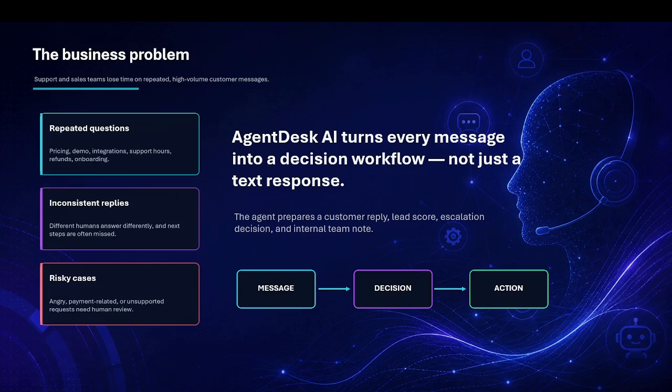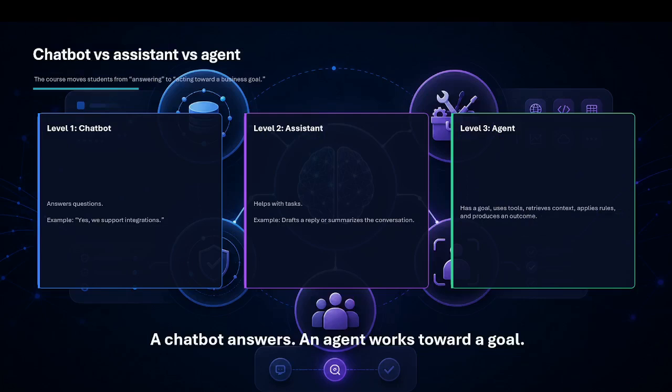If a human team handles every message manually, it becomes slow and inconsistent. One person replies properly. Another person misses the next step. Another person forgets to escalate an angry customer. So the business needs a system that can understand the message, use company knowledge, and prepare the correct next action.